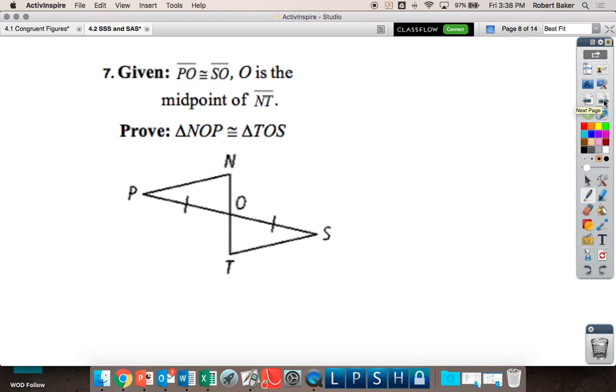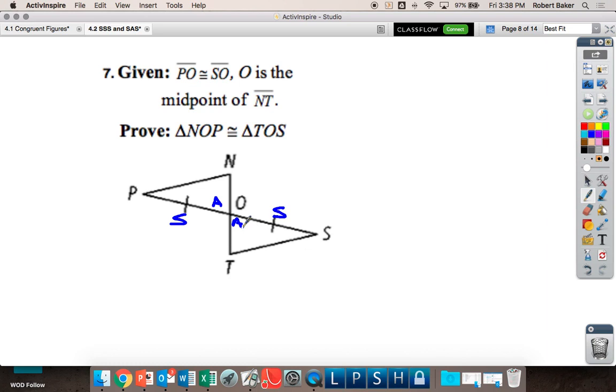Oh, they're congruent. We got side. Okay, hold on. Those are vertical angles, so they are true. That is true. O is the midpoint of NT. O is exactly in between N and T. Does that help me?